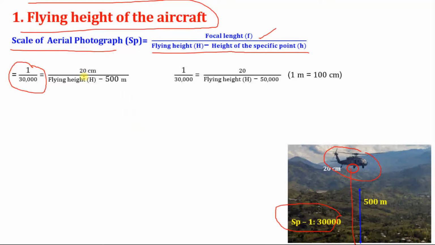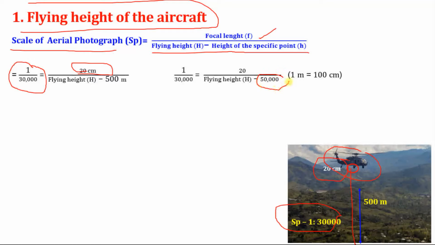Then focal length is 20 centimeter, the focal length of this camera. Flying height is capital H, minus height of the specific point, 500 meter. So 1/30,000 is equal to 20 upon flying height minus 50,000.